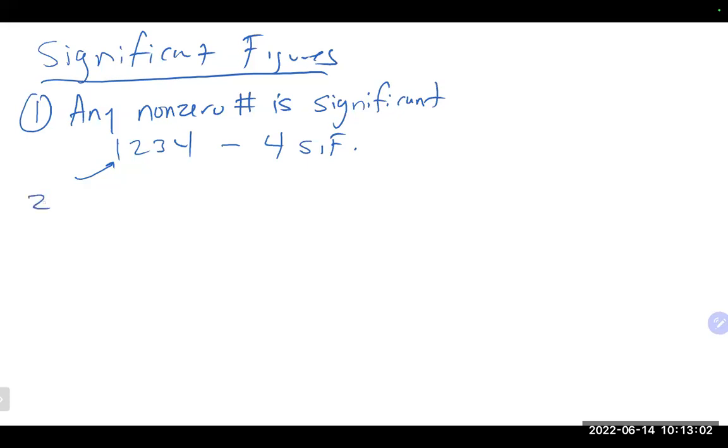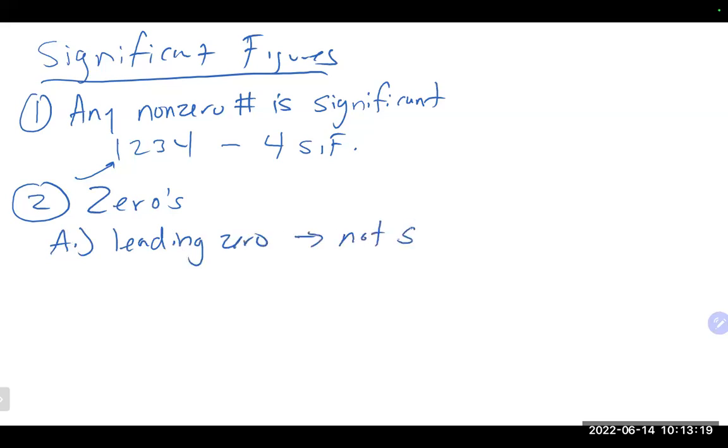The second thing that we look at is zeros, and these are sometimes the ones that give people the hardest time in counting significant figures. The first type of zero that we come across is what is sometimes referred to as a leading zero, and those are not significant. So if I had 0.0000235, how many significant figures would we have in this case?